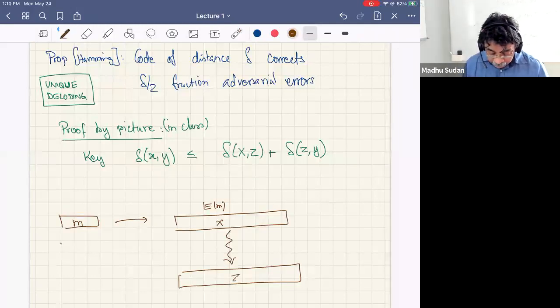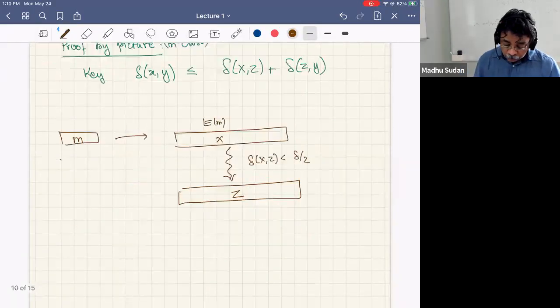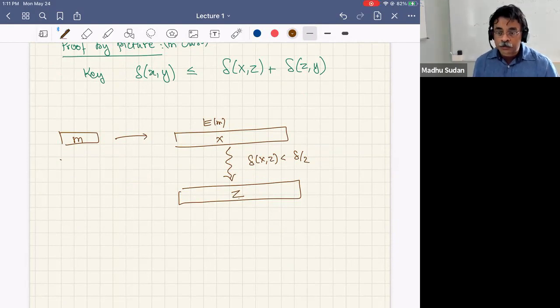And so I get some Z, which is delta of xz is less than delta over 2. Okay. So suppose you claim, oh, this could have actually, I mean, how do I want to go back? Well, I look at Z and I look at all the code words nearby and see which one is closest to it in terms of this distance. I claim X is unique with that property.